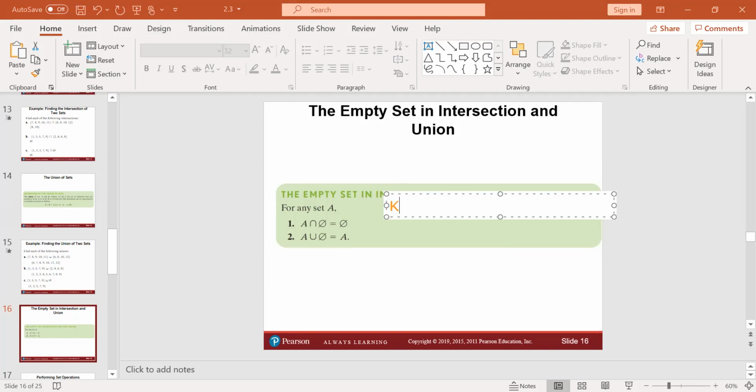This is kind of similar to if you take any number x and you multiply it by 0, you get 0. But if you take any number x and add 0, you stay with the original x. It's not exactly the same, but it's a similar idea, and it's a good comparison.